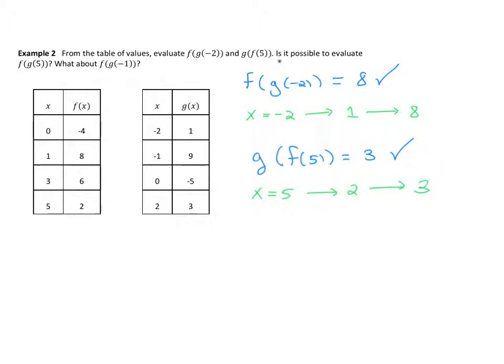I also wanted to look at a couple of other possibilities. Sometimes you can't actually compute the value of a composition if the numbers aren't there. So let's look at f of g of 5. This is like the opposite of this. And then f of g of negative 1. Let's see what happens there. This shouldn't work. What is f of g of 5?